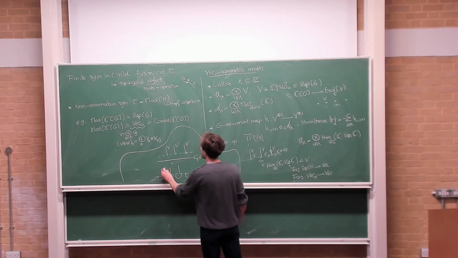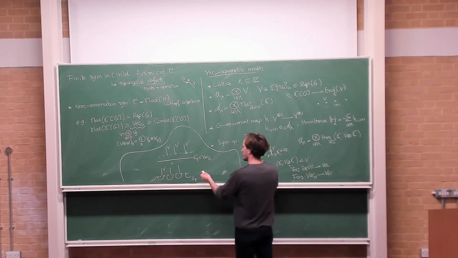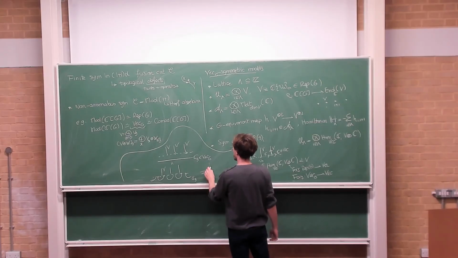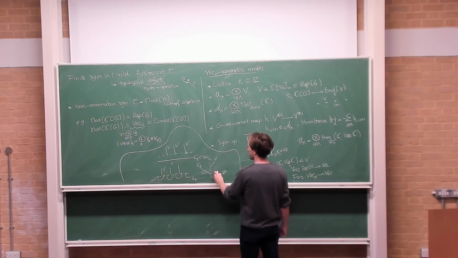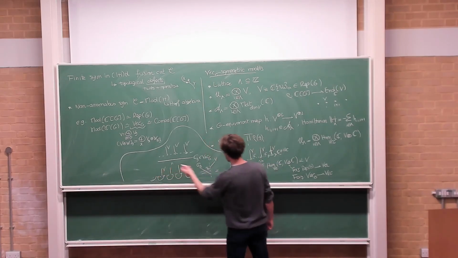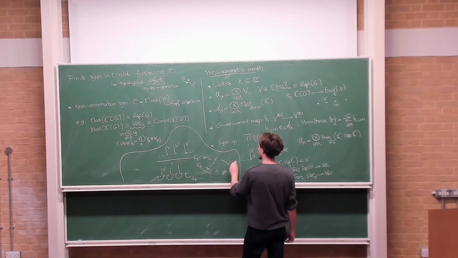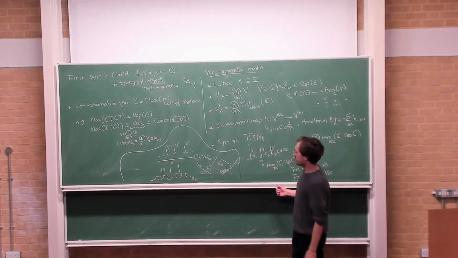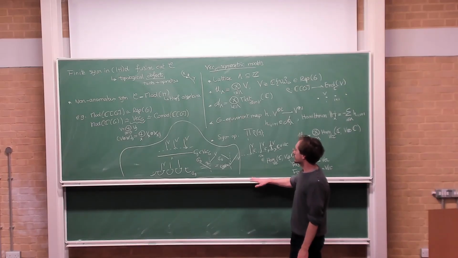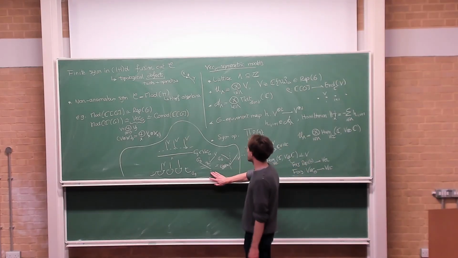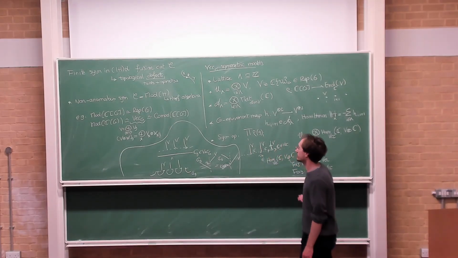Now, in order to recover the actual operator, what I would like, and right now this is something I'm forcing, but we can derive it later, is that when I move a line labeled by G past a line labeled by V, which is some commutation relation, it should act correspondingly on the vector space by G. So what this does is that technically it endows Vec with a specific bimodule structure between Vec G and Rep G, which happens to be an invertible one.